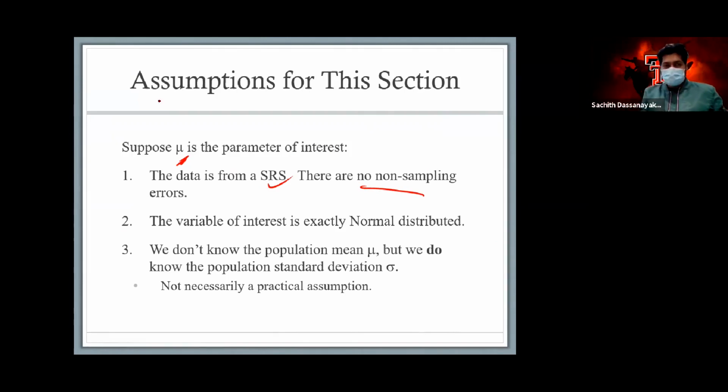That's why we make these assumptions. And this is important: the variable of interest is normally distributed. If it is not normally distributed, it's going to be a problem. We have to use a different method. But here we are dealing with normally distributed parameters.